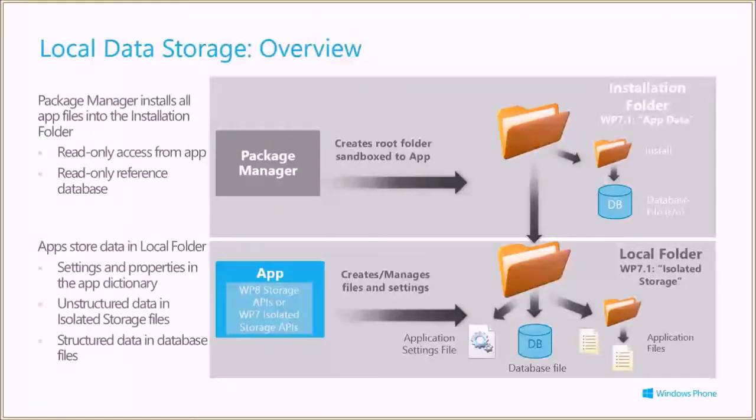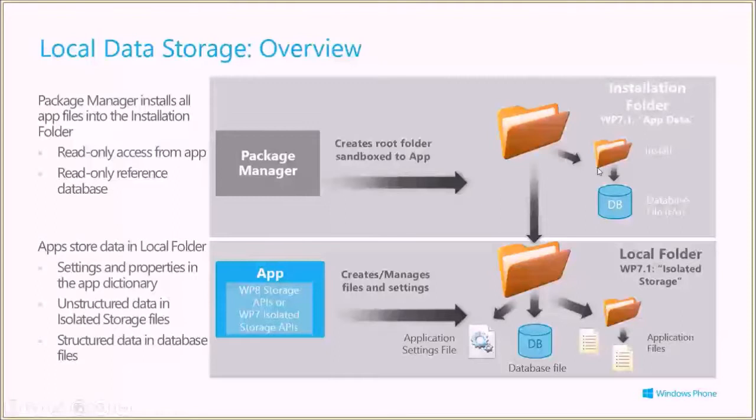Any questions? So again, let's wrap it up. For any application, there are two folders: the installation folder and the local folder. The installation folder is read-only, accessed from the app, and holds read-only reference databases. Anything that comes with the app installation is installed in the installation folder. Whenever you put out an app update, anything in this folder will be deleted and replaced with the new files coming with the new update of your application.